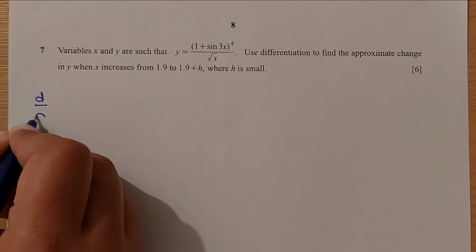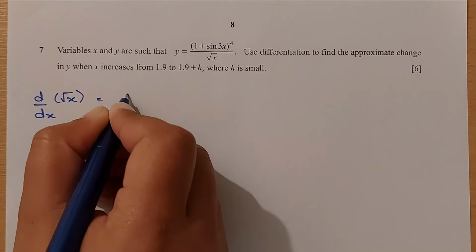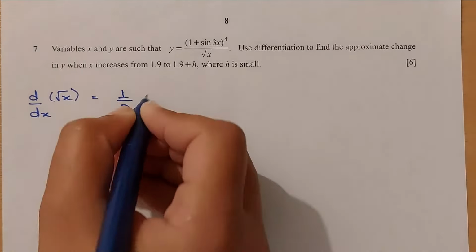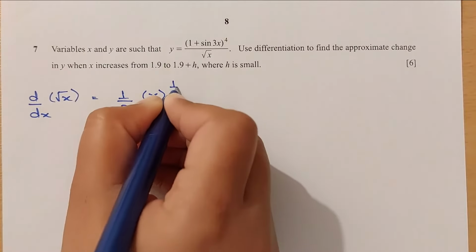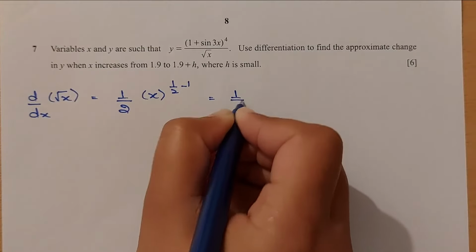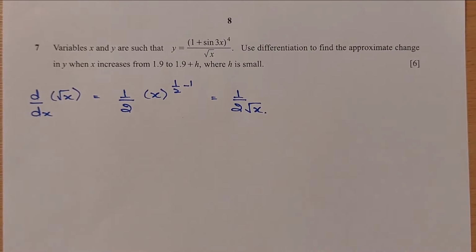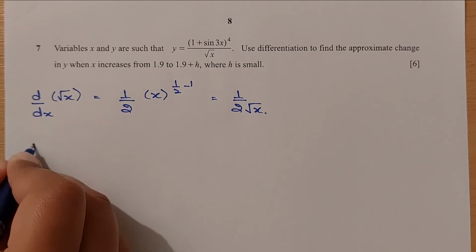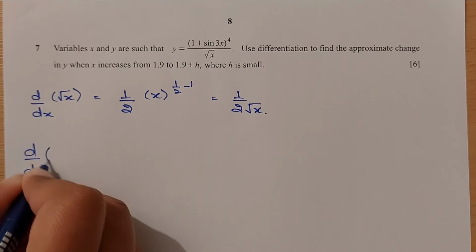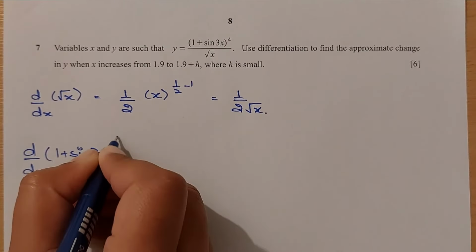So d by dx of square root of x, that is power, we have x to the power 1 by 2 minus 1. So that is 1 by 2 square root of x, right? The derivative for the denominator. Now let me do the derivative for the numerator term. We have 1 plus sine 3x exponent 4.